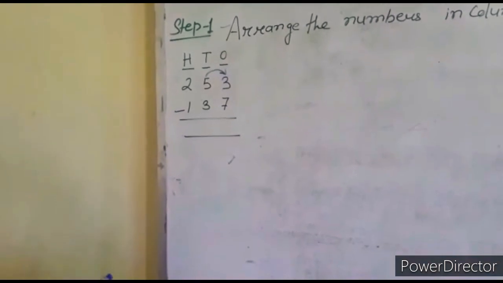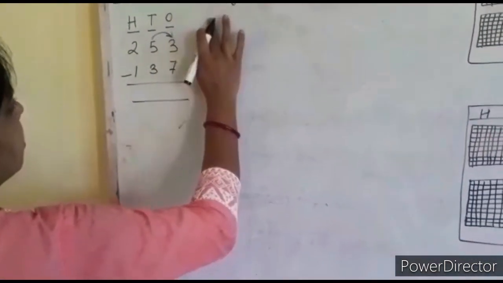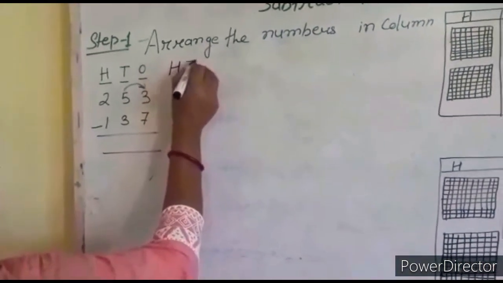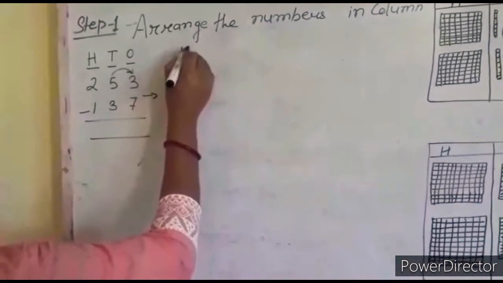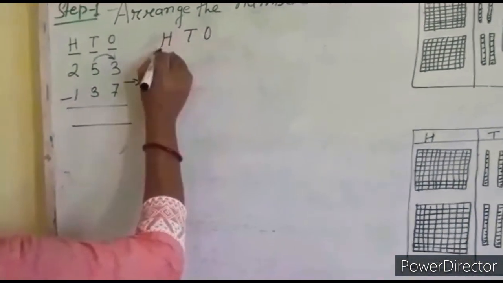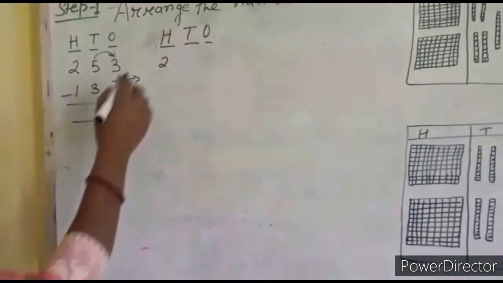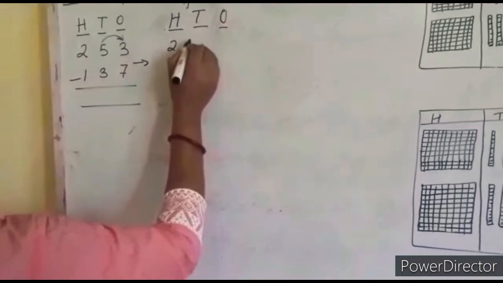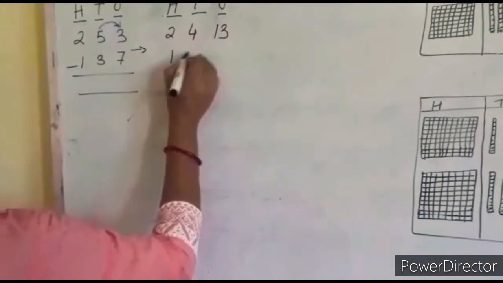So what will happen? The 5 will change to 4, and the 3 becomes 13.